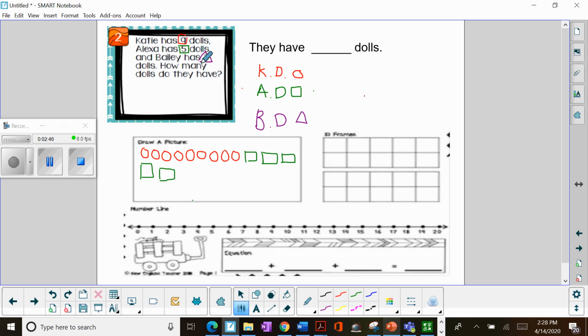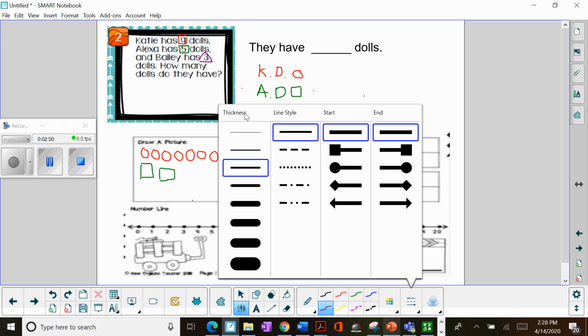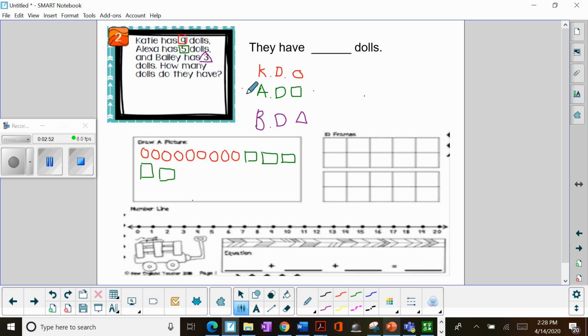Okay, and then Bailey has 3 dolls, so I got to change it to purple, and now I'm going to start drawing triangles, and only 3 of them. 1, 2, 3.